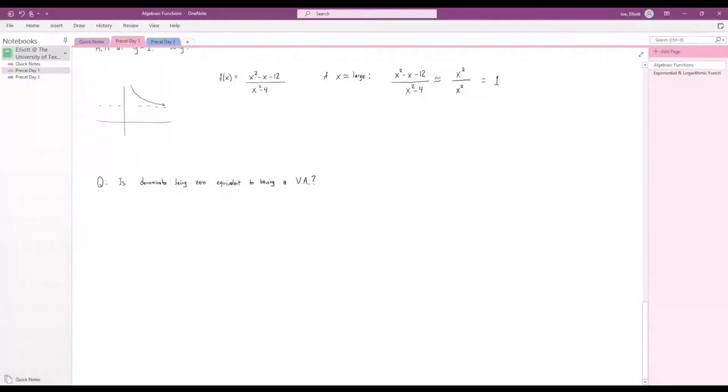Okay, good. I do want to highlight this fact: just because the denominator is 0, it does not necessarily mean that your function has a vertical asymptote there, okay?